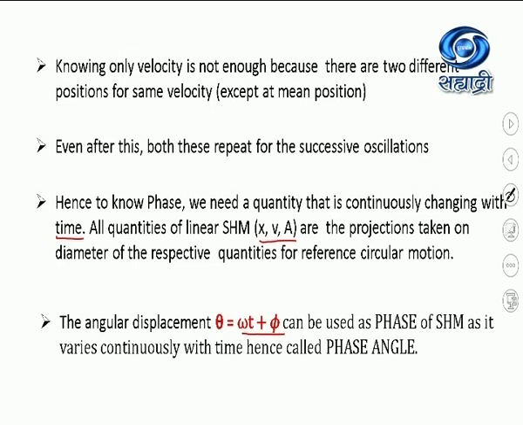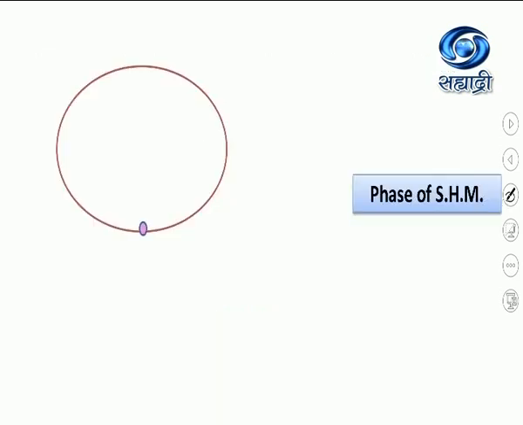We'll now understand how the phase of SHM explains the state of oscillation as well as the direction of motion of a particle. So again we'll take a reference of the UCM and the SHM. Consider a particle P performing uniform circular motion along the circumference of a circle which is observed on a screen.